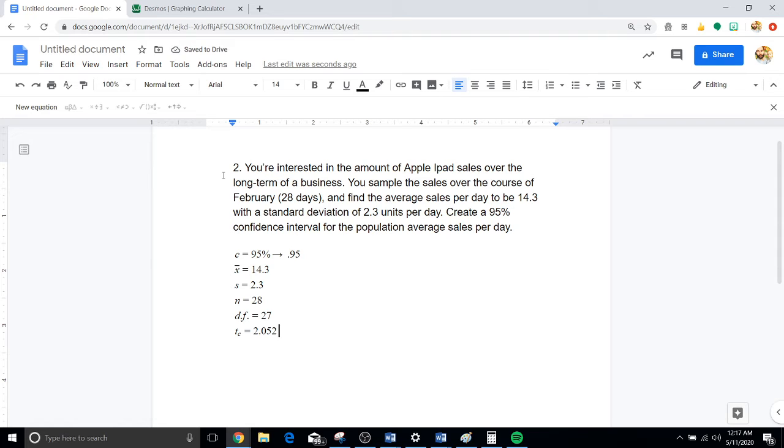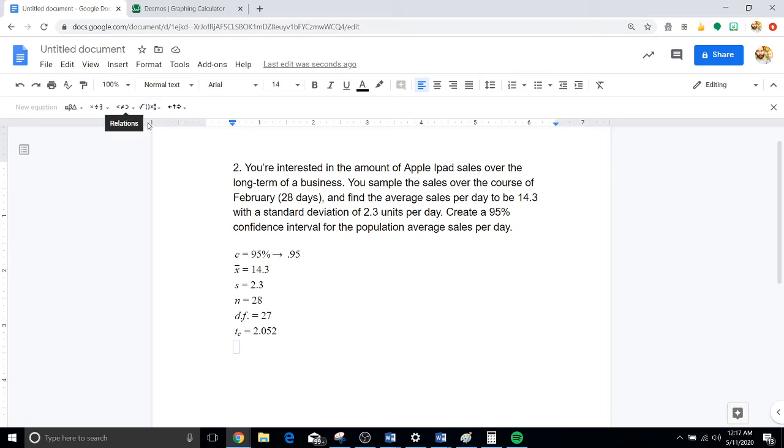All right, in addition to our T confidence, we also need to know our standard error. So our standard error is usually denoted with our sigma of x bar. For a T confidence, we're actually going to use S of x bar because we're not using sigma for our standard deviation.